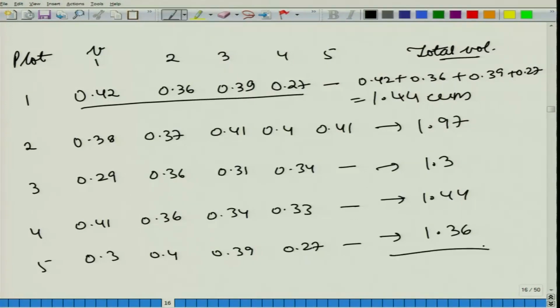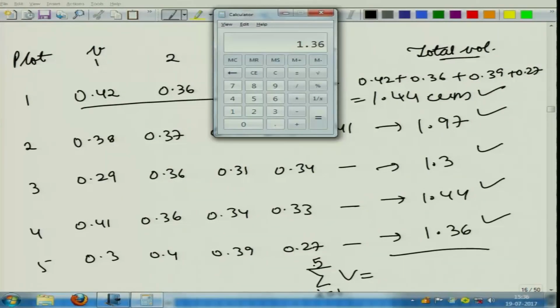So, now we have 5 sample plots and the volume of each sample plot has been calculated by adding up the volumes of each of the trees. Now, what is the total volume of the 5 sample plots? Here we have the sum for i equals 1 to 5 of these values: 1.44 plus 1.97, 1.3, 1.44 and 1.36.